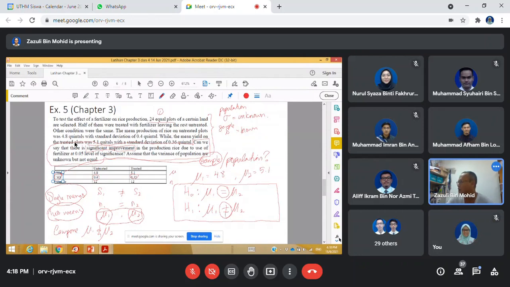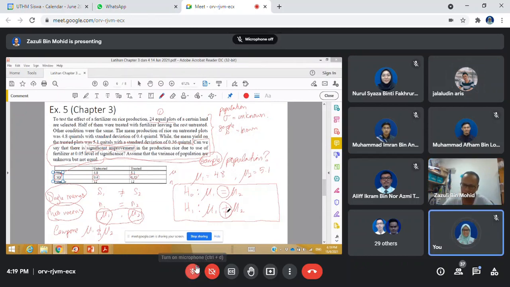Alif Ikram. Ain Syakila ada? Tak ada. Jalaluddin ada? Tak ada. Ini simbol apa pada kamu? Sama ke? Not equal ke? Unequal. Not equal.